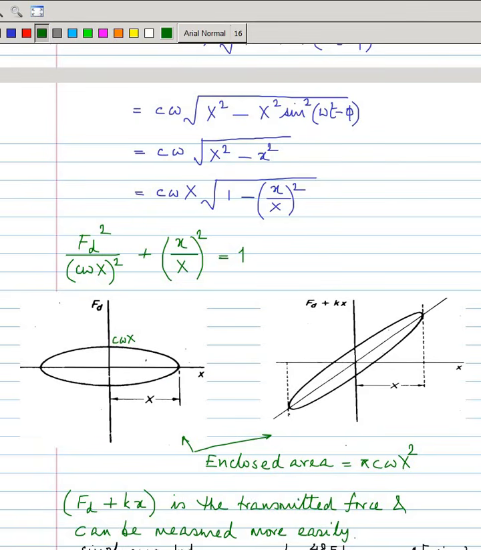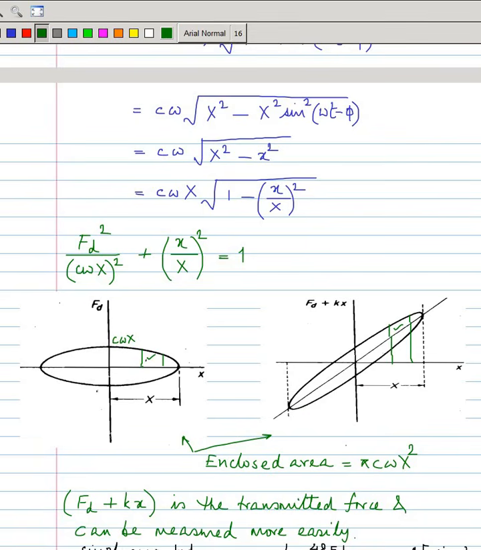So kx is a straight line like this, where the slope of this line is k. Now suppose you take this x, and this is Fd. At this x, with kx you add this value, so this value is the same as this value. In this way for all points you can do it, and so you get this plot.